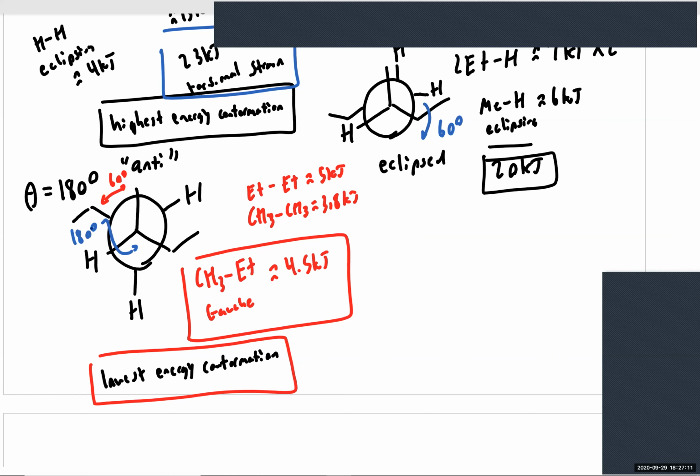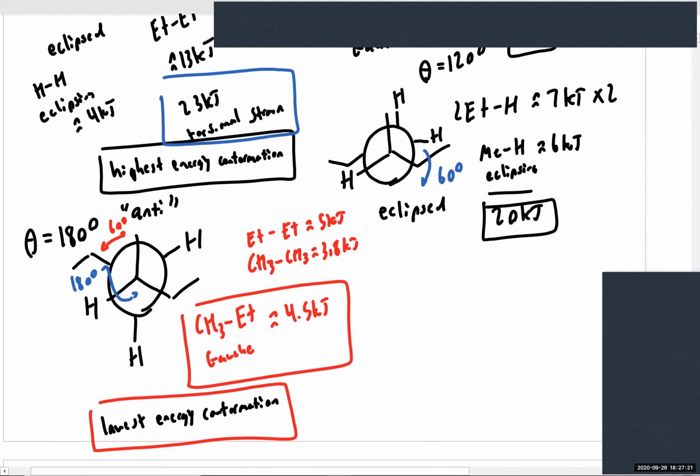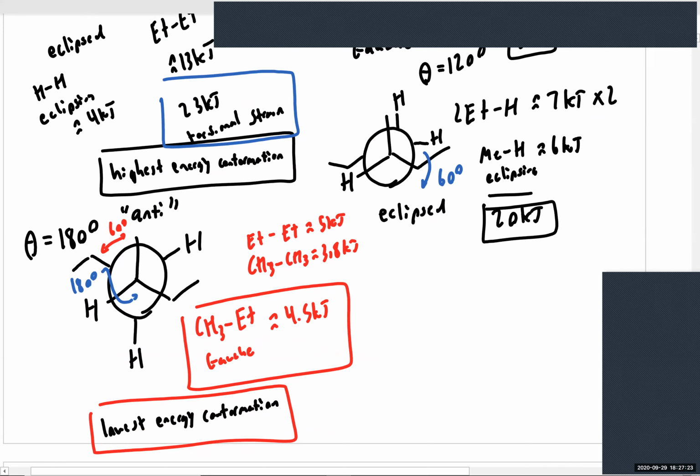So if you're only asked to draw the highest and lowest energy conformation, you can actually skip these other two conformations and just focus on your eclipsed and anti-conformations.